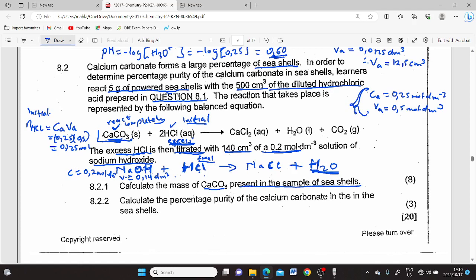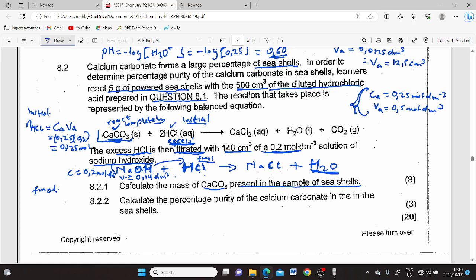Finally, it reacted with NaOH, and this NaOH reacted completely. So we're going to use the number of moles of NaOH. We'll refer to the number of moles that reacted with this NaOH. So we can call it final, because finally we're left with the excess reactant, this one.